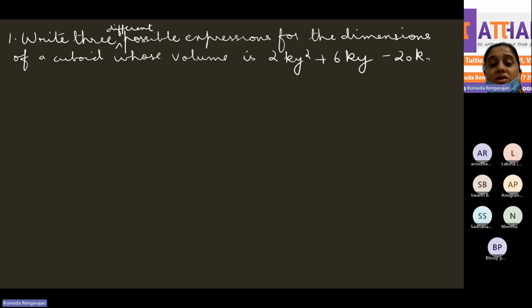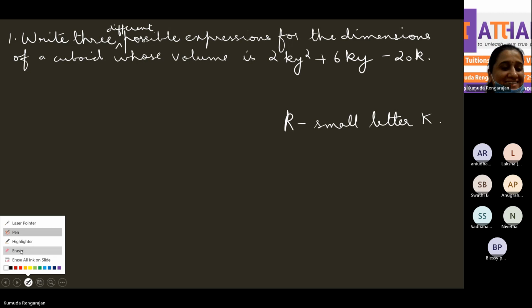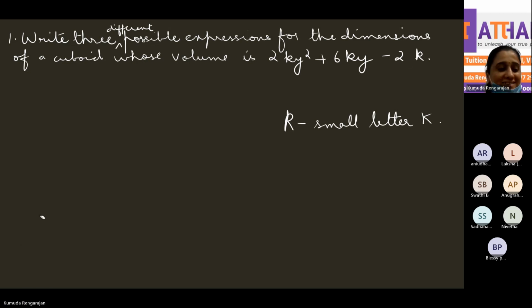That's K. 2K y square. Small letter K this is. Two K y square plus 6KY minus 20K. Not 2, okay. It's 20K. Yeah, 20. This is 20K. Yeah, do this.